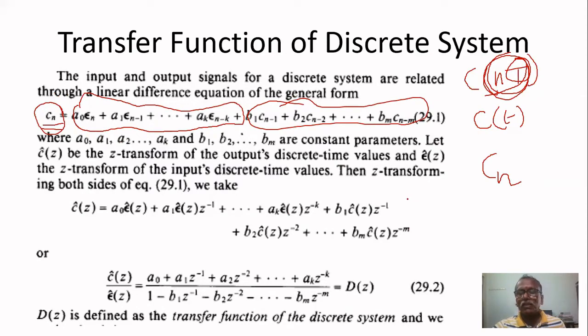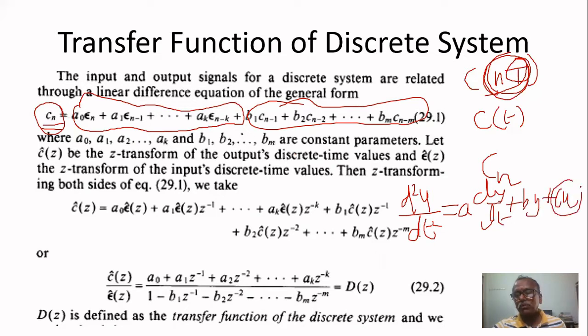If you see a second order system, how will we write its mathematical model? d square y by dt square equals a dy by dt plus b y plus c u, where u is the input, and dy by dt and y consist of past values. Let us see now. What is dy by dt?